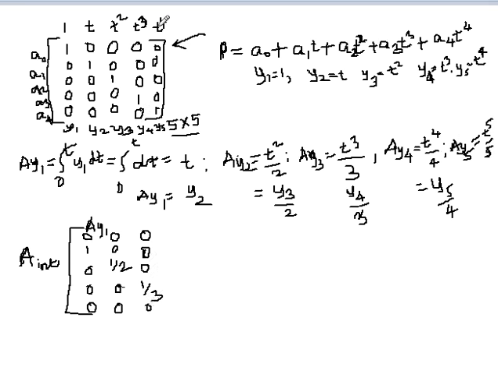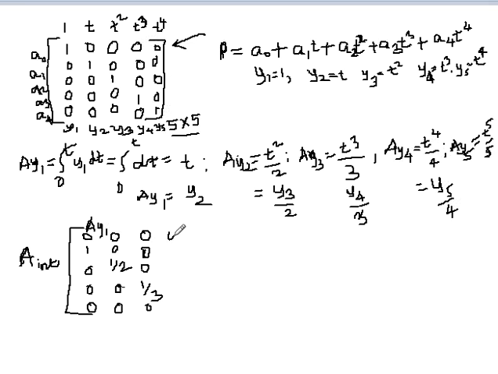And similarly, the derivative of y4 means y5, this y5. Now the derivative of y4 is y5 by 4, and y5 is this one.